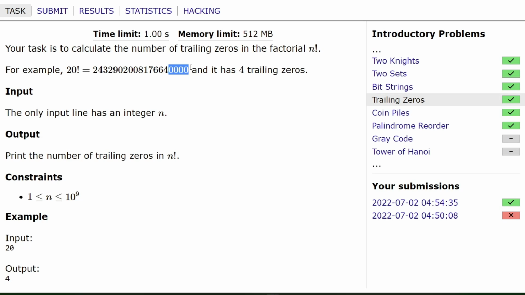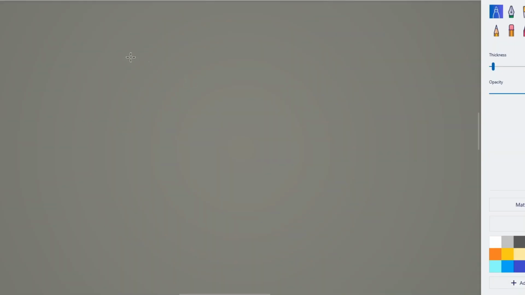So now let's go ahead and look into the math of this and see how we can find a solution which has such complexity that for n reaching this huge value is able to achieve an execution time below 1 second. Alright, so if we write down 10, okay, and its prime factorization, 10 equals to 2 times 5 essentially, okay?